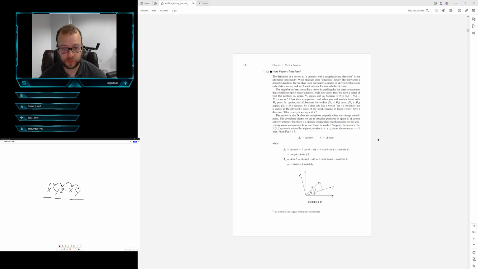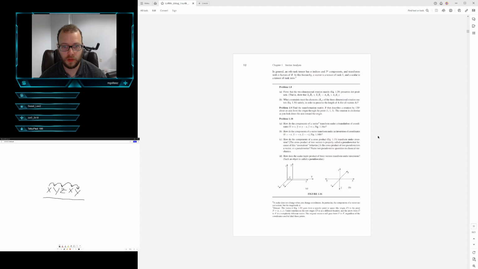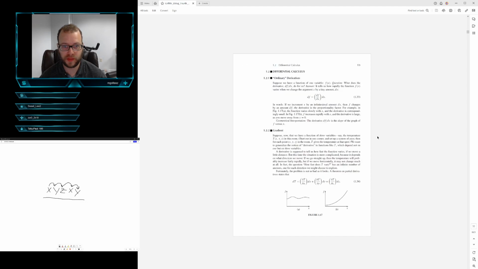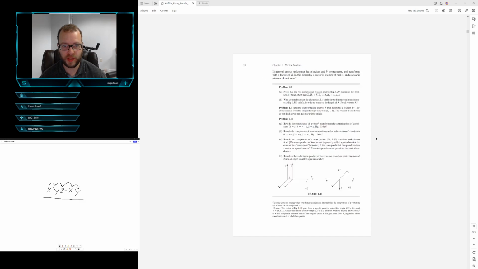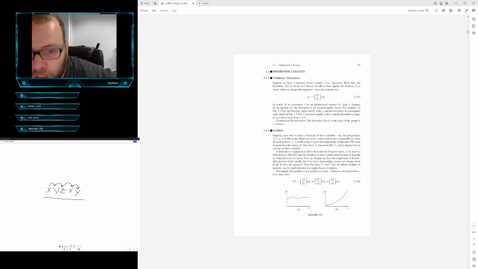So how vectors transform. We can skip vector transformation and we can start getting into the differential calculus. So differential calculus gets into tiny changes of three-dimensional variables.